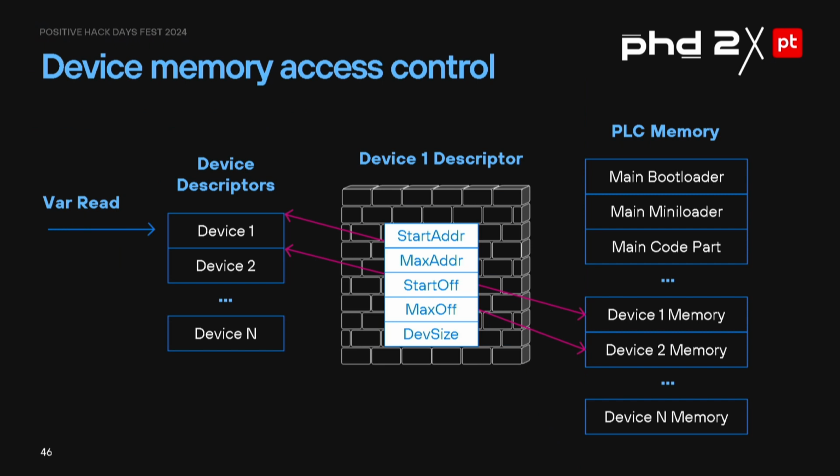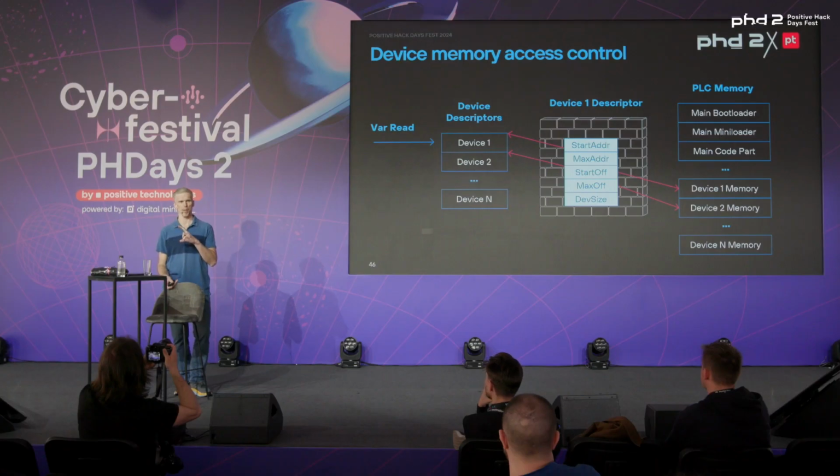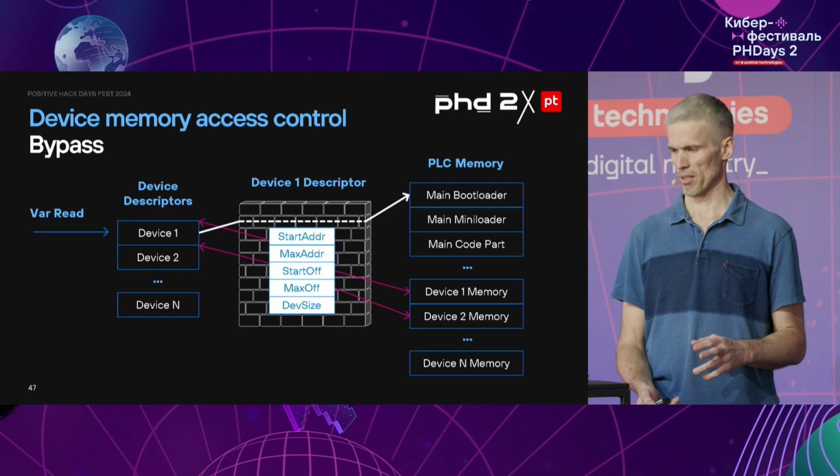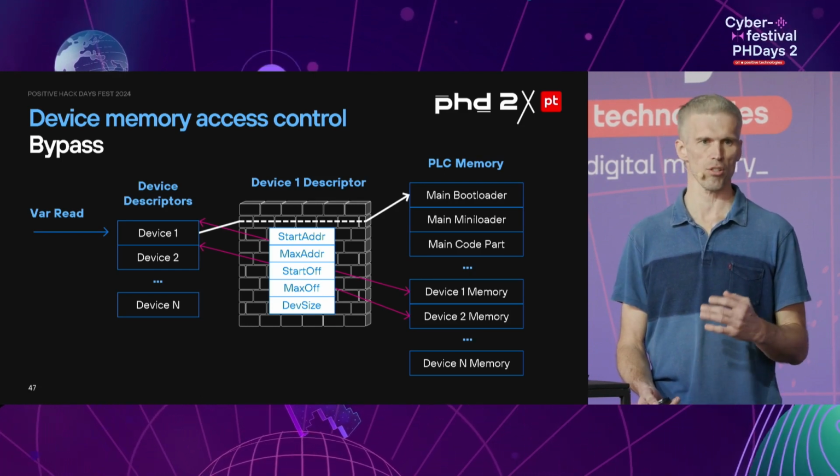If you use a variable, there is a control: you check the initial and the end addresses of the variable, as well as the initial offset and the memory address of the device itself. And the problem is that by using certain manipulations, we can evade these checks.